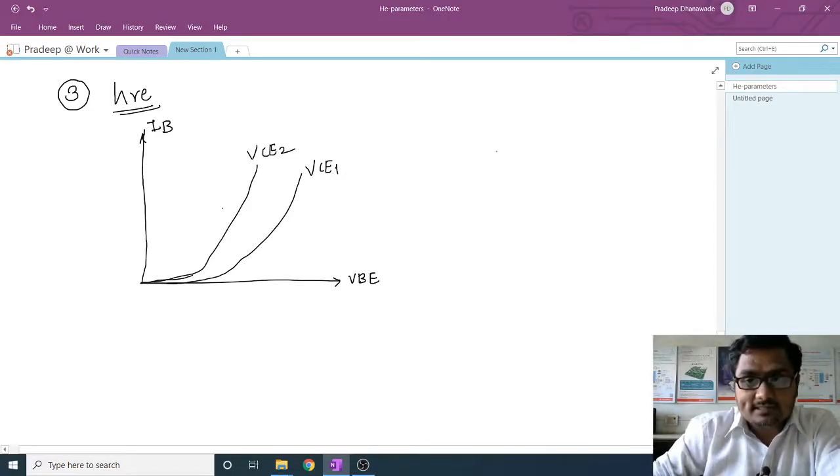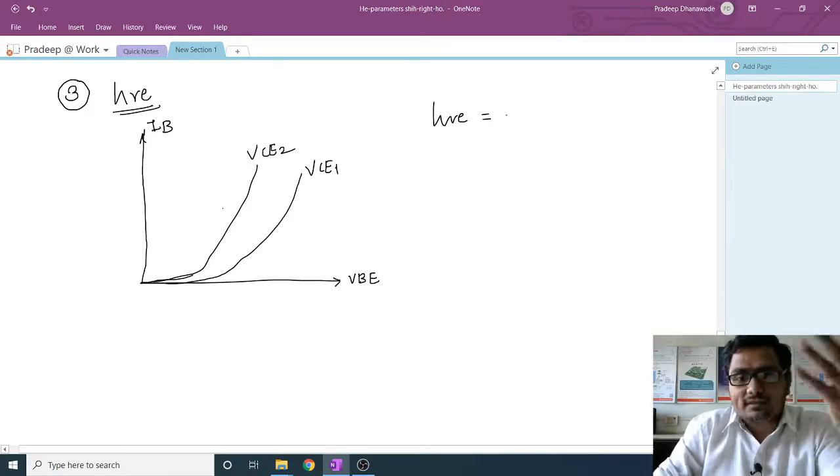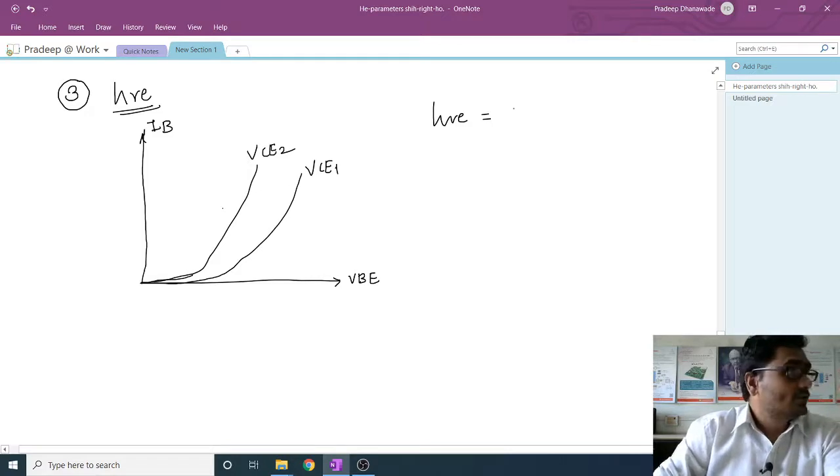Okay, but what is HRE? Basically, let me write an equation. HRE is a reverse voltage gain. It means output voltage divided by input voltage is a forward voltage gain. A reverse of it means input voltage divided by output voltage. So if it is common emitter configuration, what is input voltage? It is VBE.